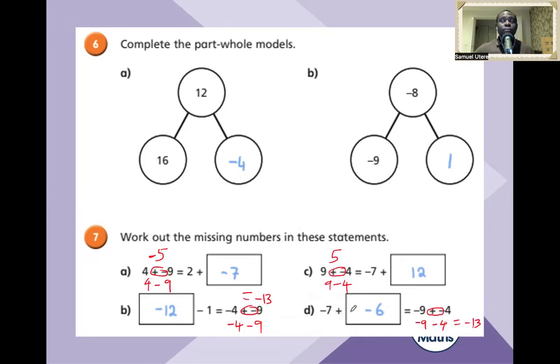Negative 13 has to be smaller than negative 7, so I have to move to the left on my number line. And the number of steps to do that will be 6 steps. So to the left, 6 steps means subtract 6. So negative 7 subtract 6. Remember, these two can become negative. Subtract 6 will give us negative 13.